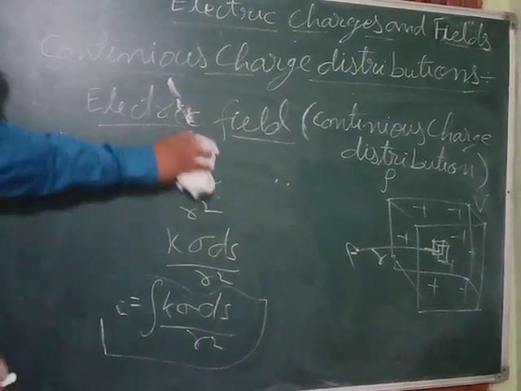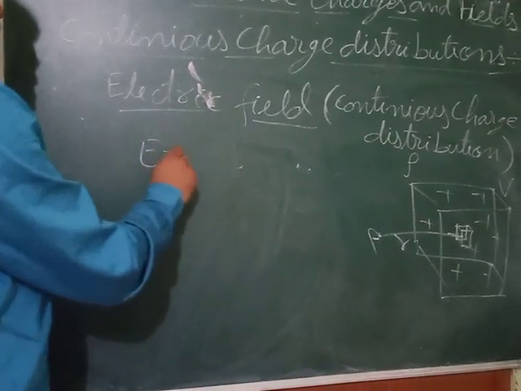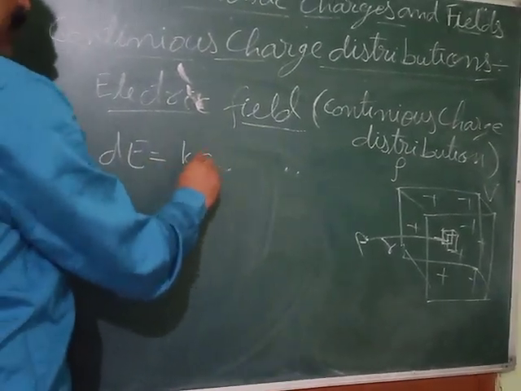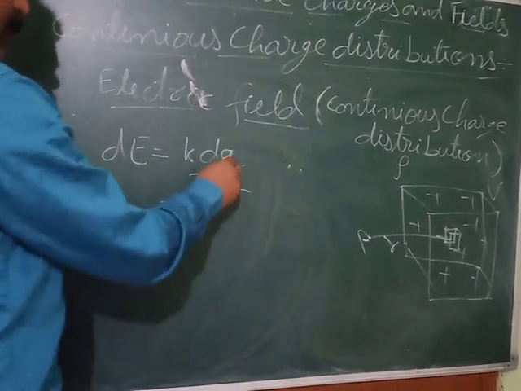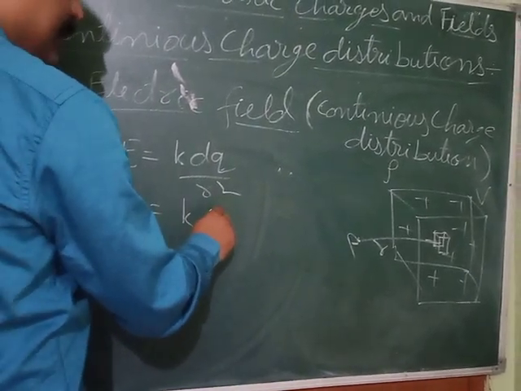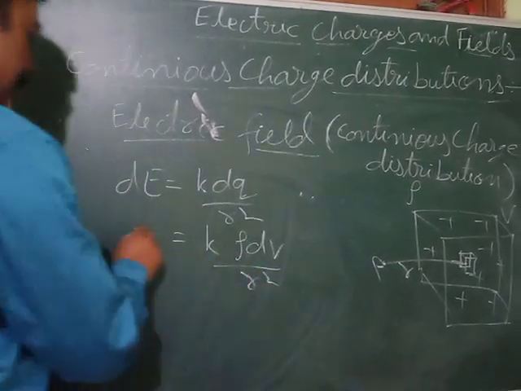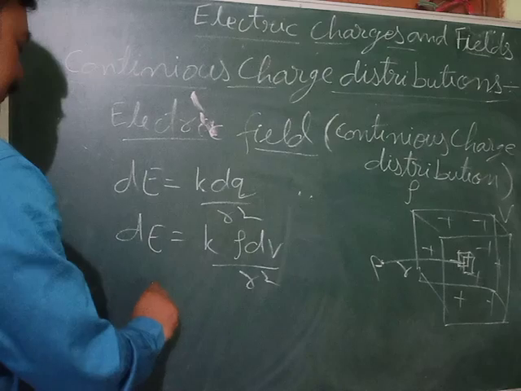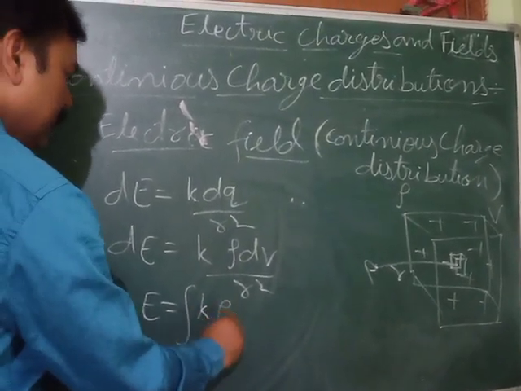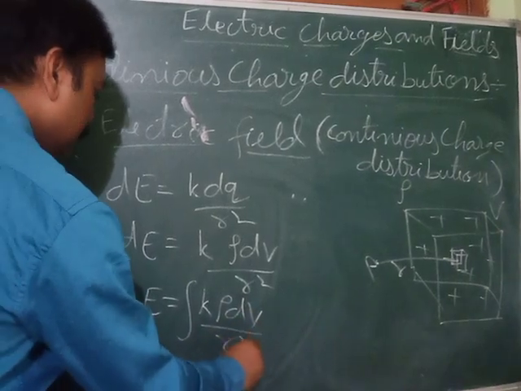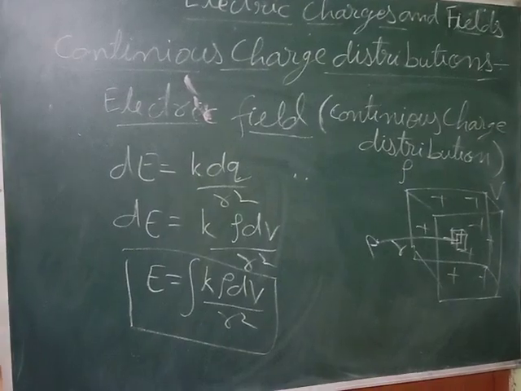Again we will do a similar thing: dE is equal to k dq upon r square, and dq we can write as rho dV. So dE is k rho dV upon r square, and if you want the net electric field intensity, then you have to integrate k rho dV by r square. This is for a three-dimensional body.